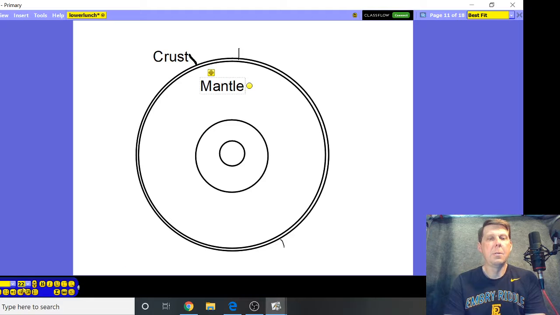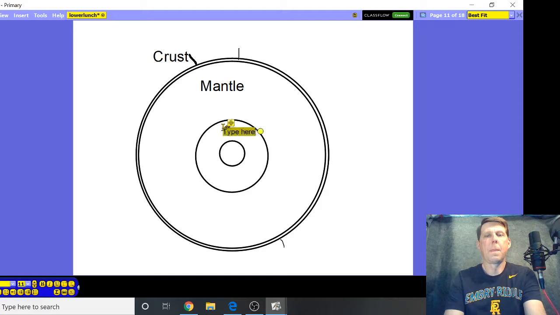Then here, we'll see if we can make this smaller. This is the inner core. I can't make that quite small enough, so we're just going to put it right above it. That's the inner core, and this would be the outer core.